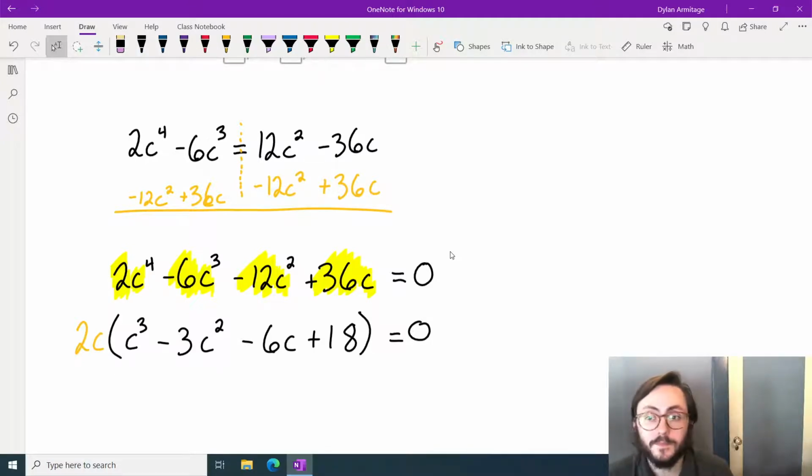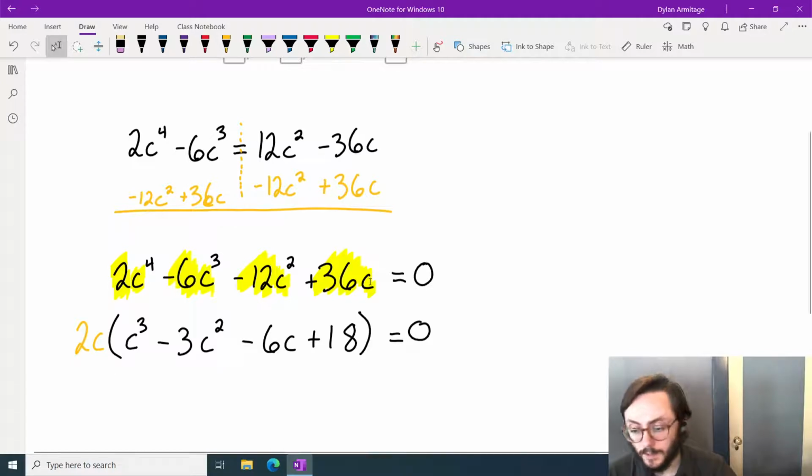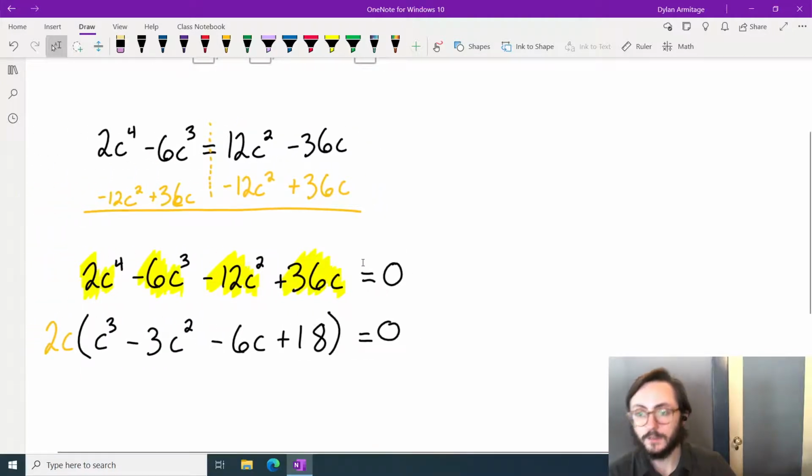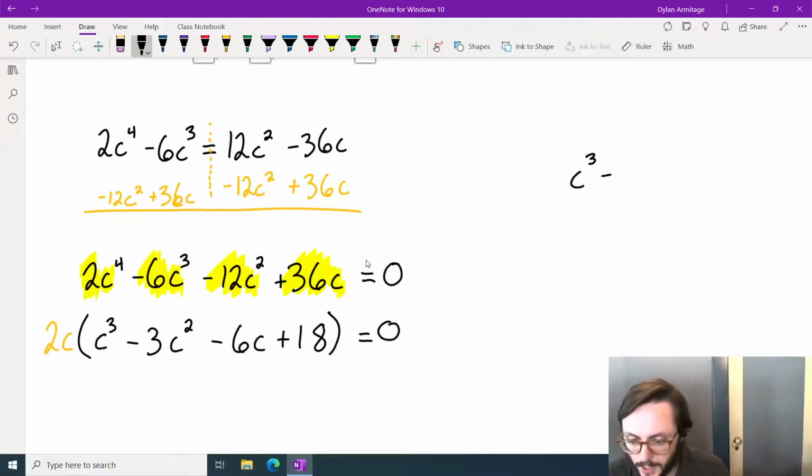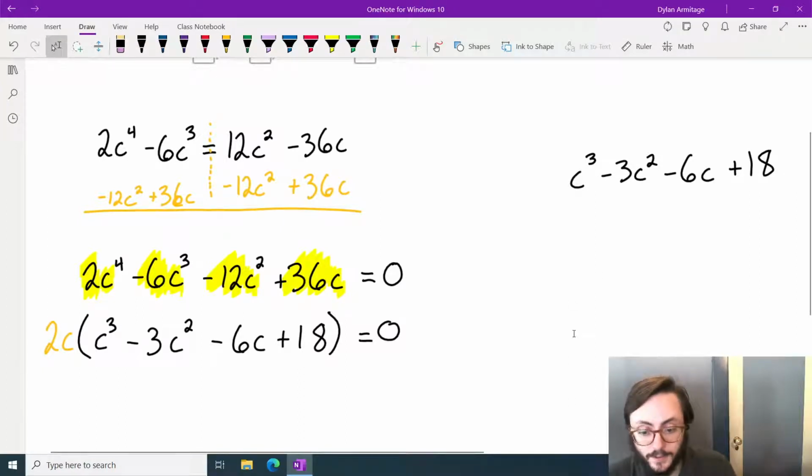Now at this point, how are we going to factor this? Well, we haven't factored cubics necessarily, but we could factor by grouping. So let's work over to the side. C cubed minus 3c squared minus 6c plus 18. We're going to factor that.